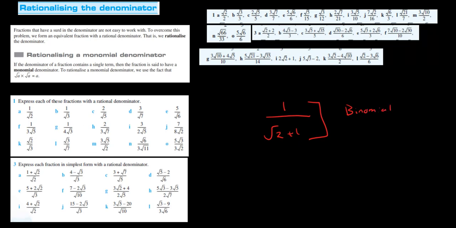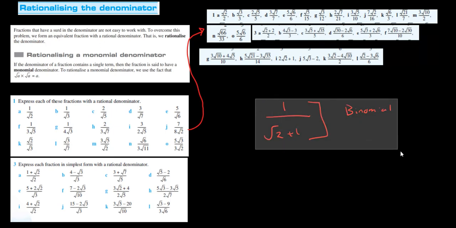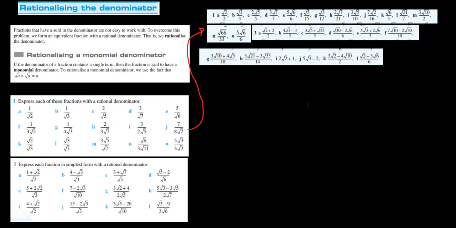Okay, so you can see the answers to question 1 above. Have a go at doing question 1 and pause the video. Okay, so hopefully you've done that now. Let's have a quick look at question 3. The answers are above to help us.